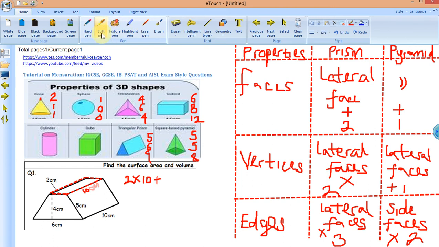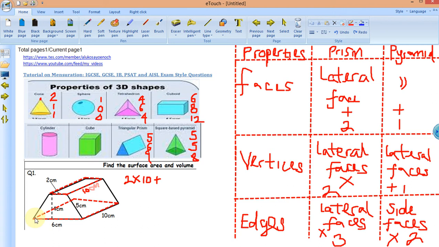Okay, so let me go with this line again, guys, but don't get this confused. This is the bottom face here, right? I don't want to mess up the diagram, so that's the bottom, guys.